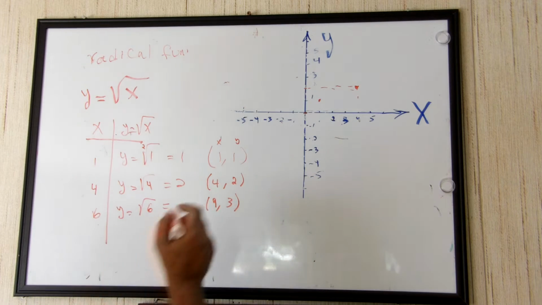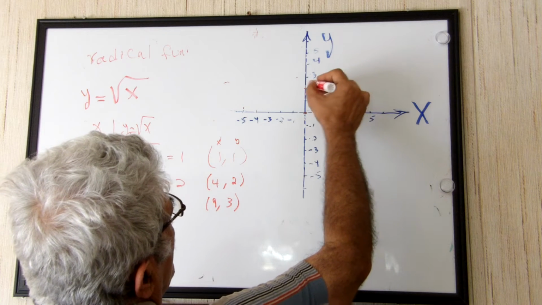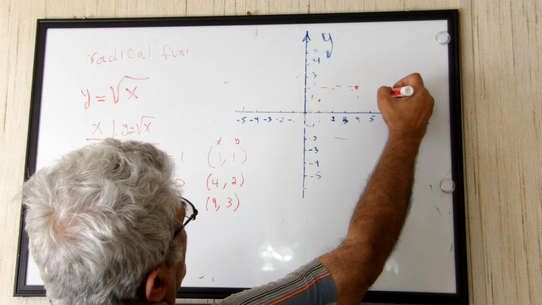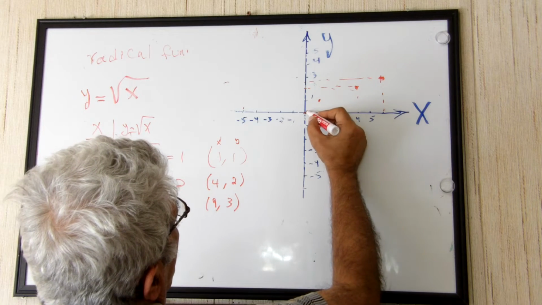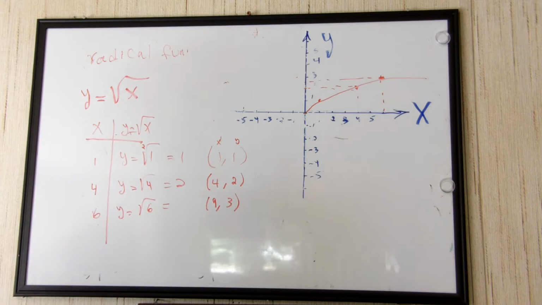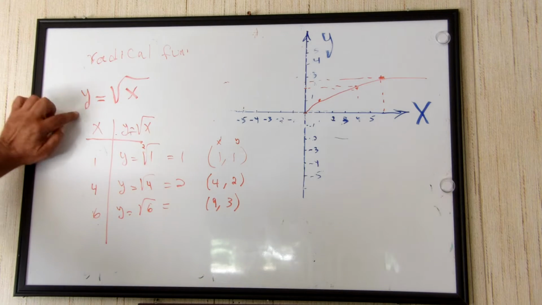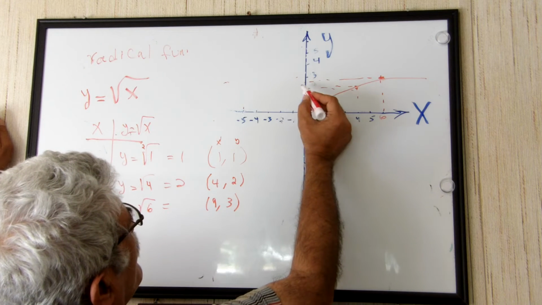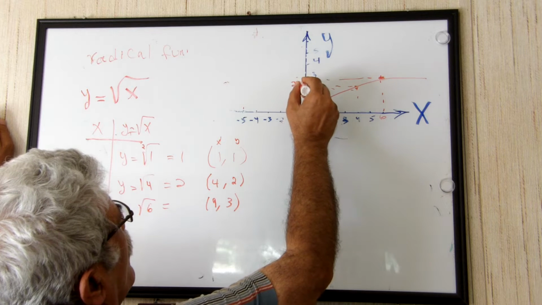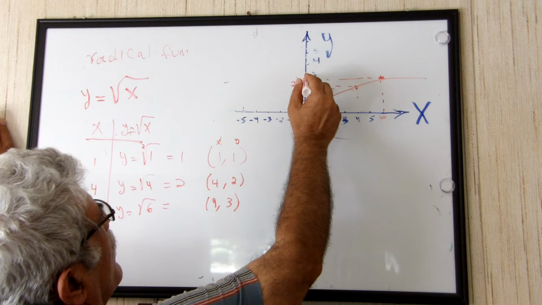So if it's 6, it's going to be 2.5 here. So if you connect these lines, you're going to get something like this. So this is the graph of this radical function. It's 2.5, and this was 2, and this is 1, this is 3.